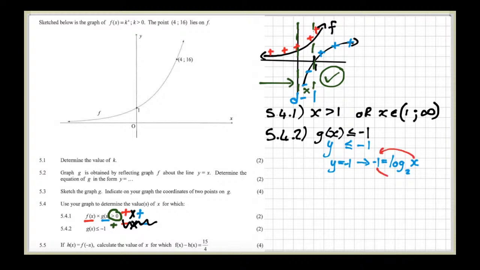So x goes on its own. The negative 1 goes into the exponent. So in other words, x is equal to 2 to the negative 1, which is a half.